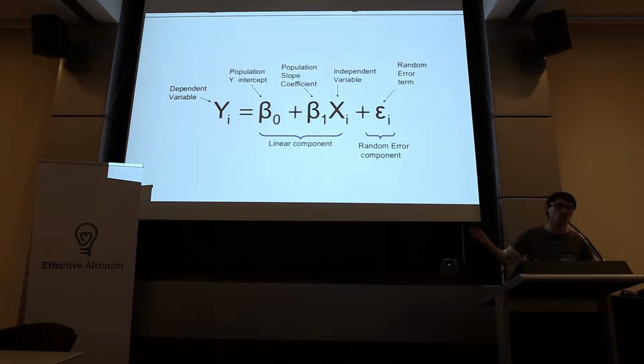X is the thing, or things, you can have more than one, that we're using to try to explain our dependent variable. The example that I used in the talk yesterday was that our dependent variable is household income, or individual income, and x could be education level, or health status, or the region of the country that you live in, or gender, or anything else that you think might account for differences in your y, differences in income.